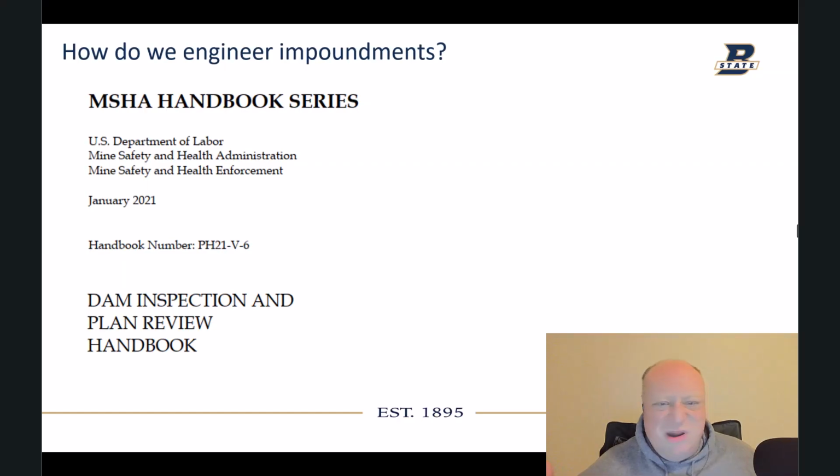So how do we engineer impoundments? Fortunately, MSHIP once again has another handbook in their handbook series called the Dam Inspection and Plan Review Handbook, or as I like to call it, the Dam Handbook.